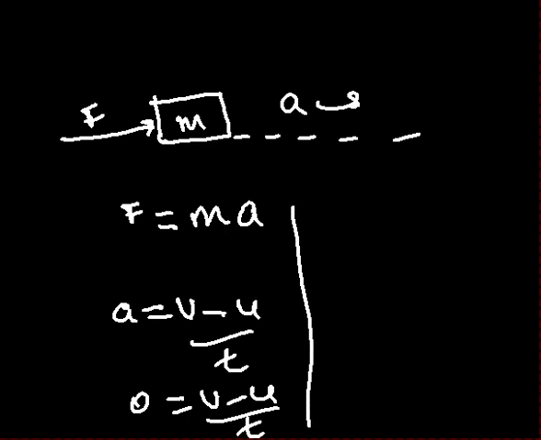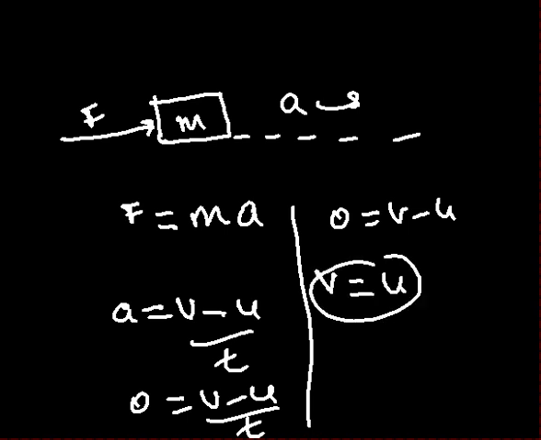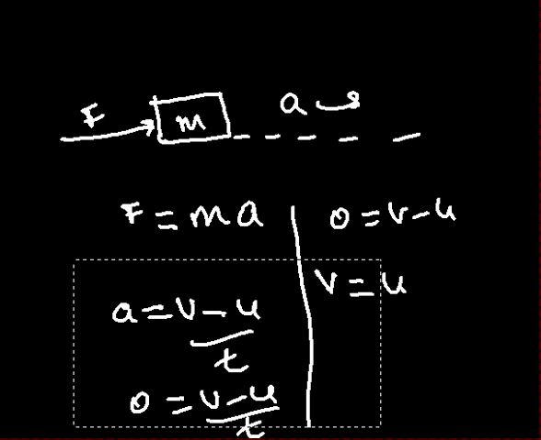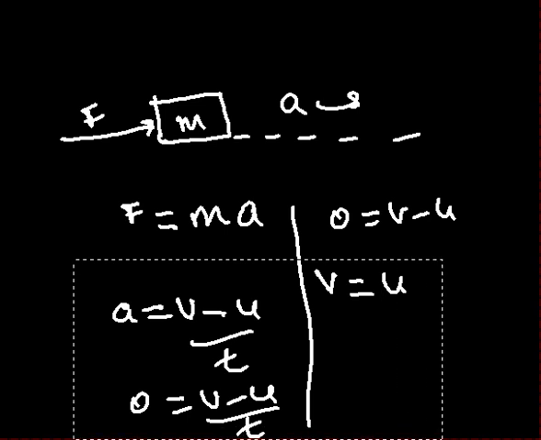Cross multiplying, we have 0 equals v minus u. So the final velocity is the same as the initial velocity, and this only happens when the object is moving at a constant speed. Constant speed, zero acceleration.